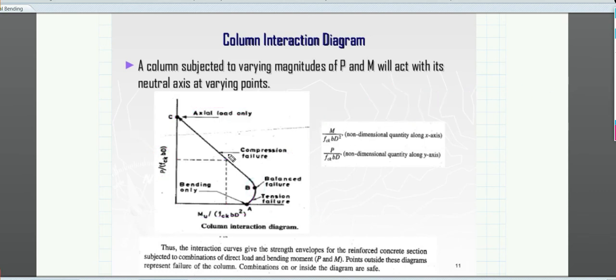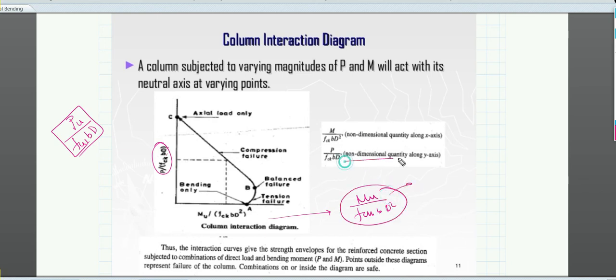So what it says is that on this side, it is not P, but P by fck bd. Here fck is the grade of concrete, b is the width, and d is the depth. So it gives us the value P by fck bd, which represents the axial force, and Mu by fck bd square, which represents the moment.